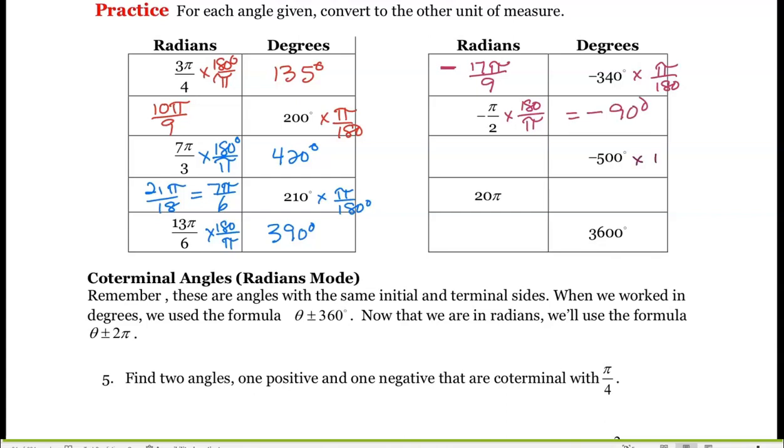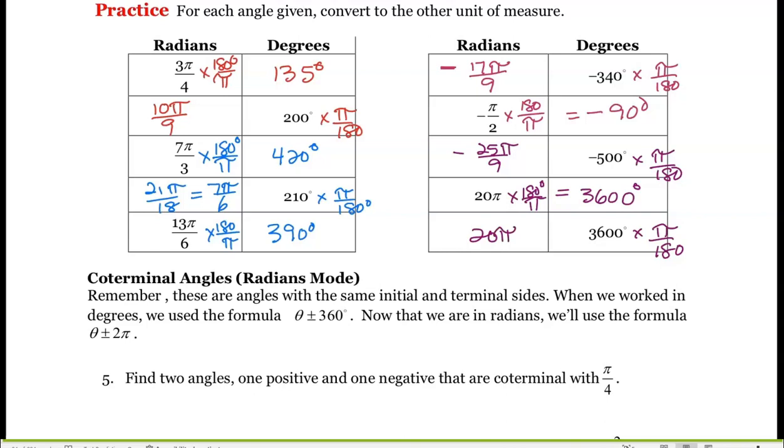If I want radians, put my pi on top. That's going to end up giving me what? Negative 25 pi over 9. I want degrees, so I put the degree on top, and that's going to give me 3600 degrees. Okay, if I have 3600 and I want to get radians, so multiply by pi over 180, you should have guessed that I'm going to get 20 pi back.